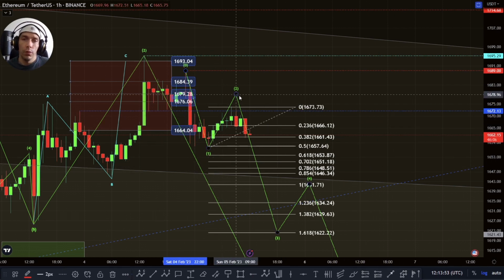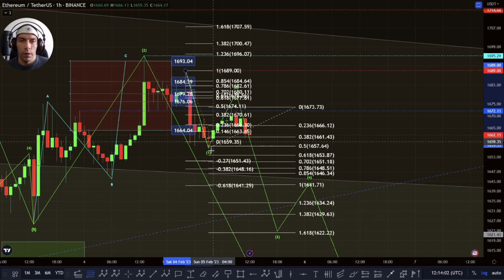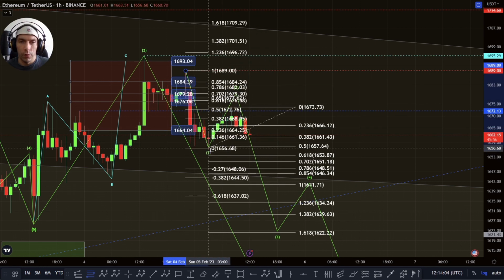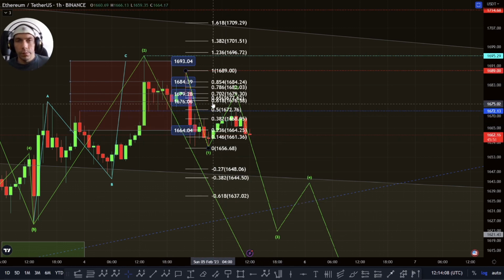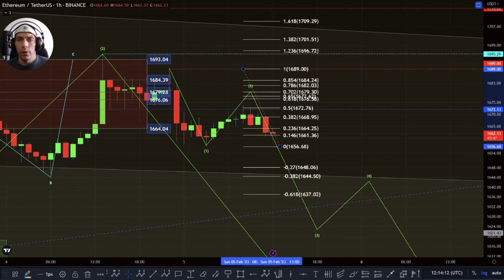If we don't move higher than this zone, we could, like I said, get a 1 2 situation playing out here. The zone of rejection for this, if I come off this low point here, I'm just going to actually do this and get rid of this one. So if we're looking at this, we could potentially still come higher.